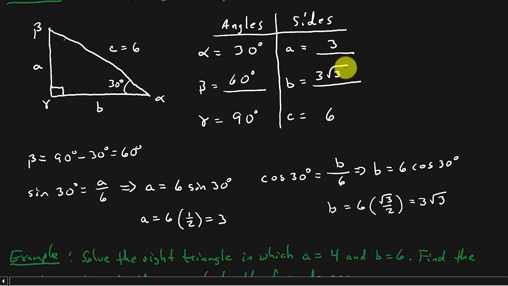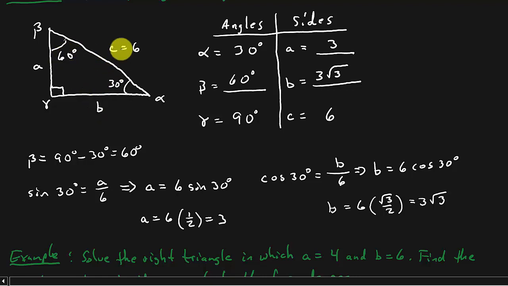Now, you might be thinking, because we found beta was 60 degrees, could I have used that? If I used beta, I've got opposite and hypotenuse.